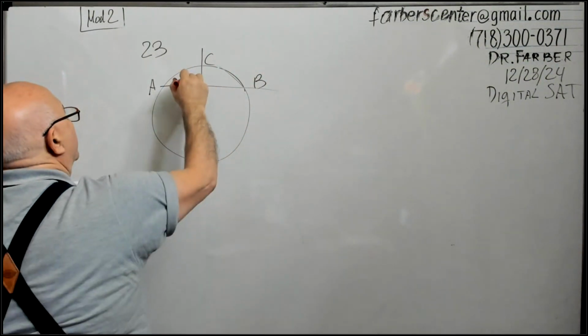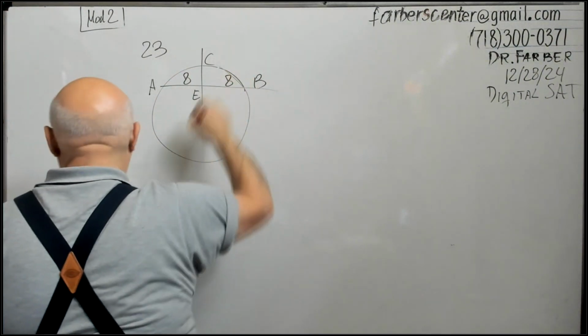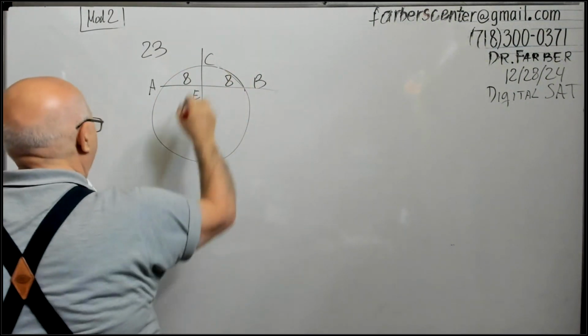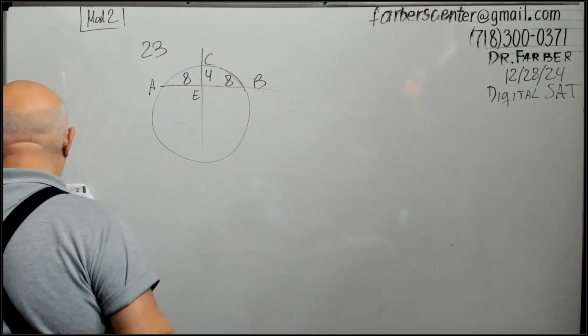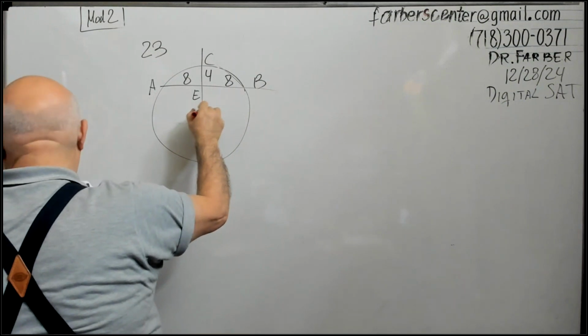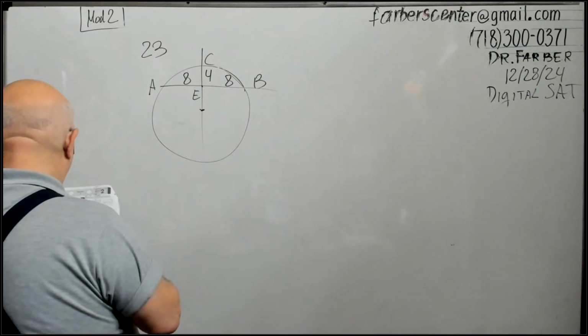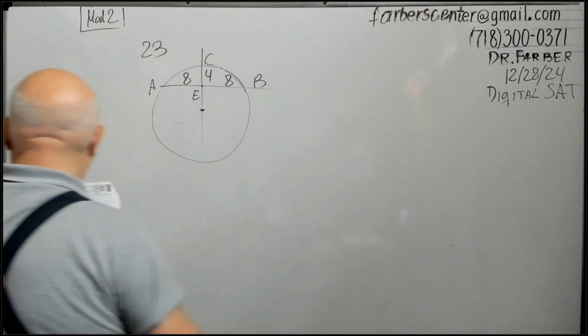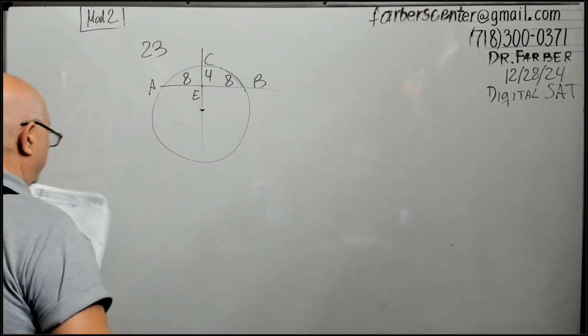And this part is 8. Not to scale, this is 8. This is 4. And this is the center. There's E over there. And what's the length of the diameter?